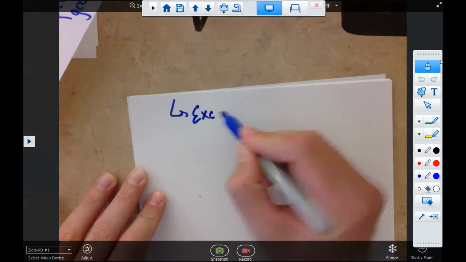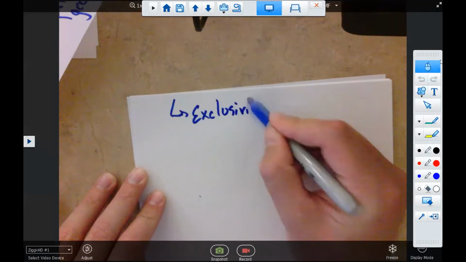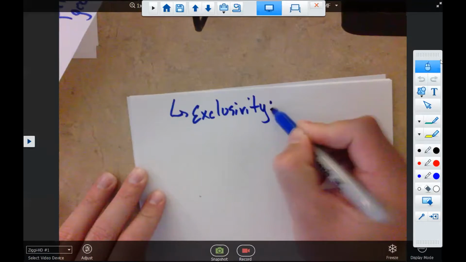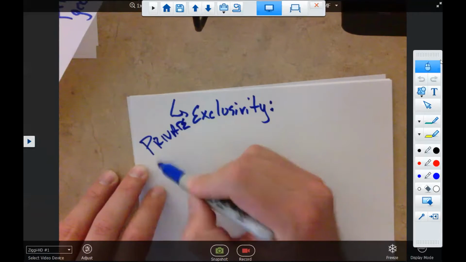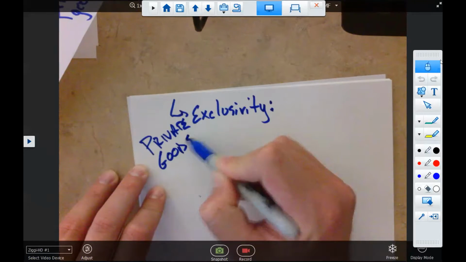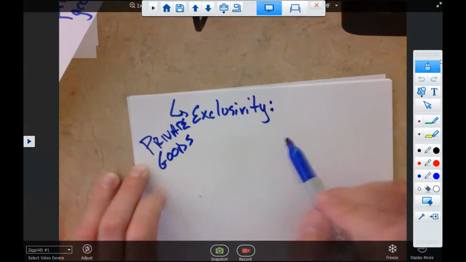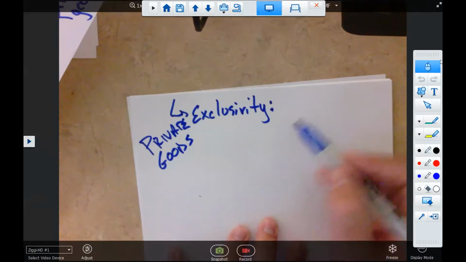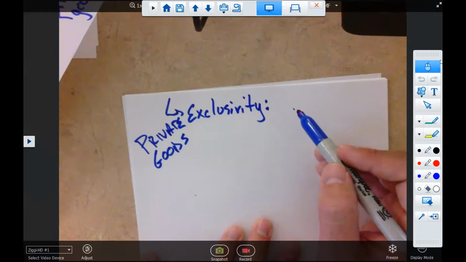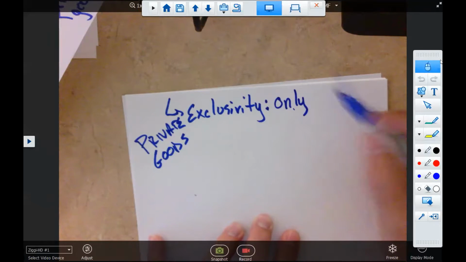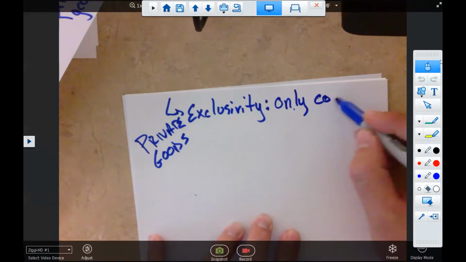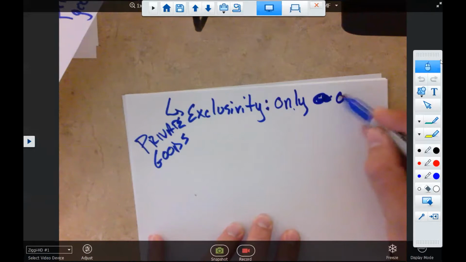So exclusivity. So which one? This is the private goods. Sorry, private goods have exclusivity. What does exclusivity mean? That means that once the goods are produced, only one use of them is allowed.